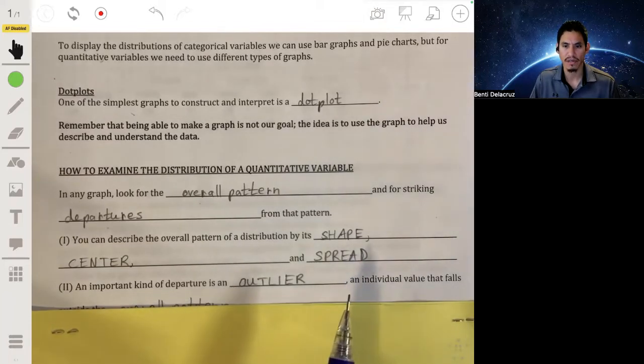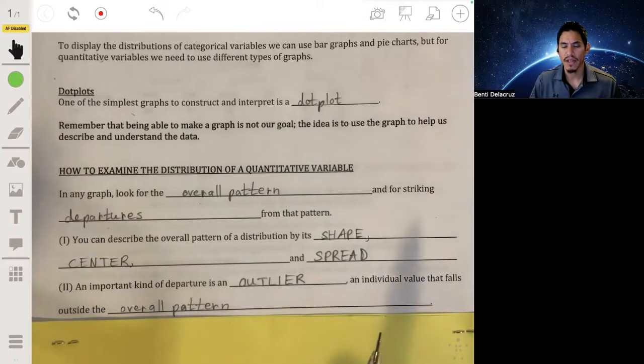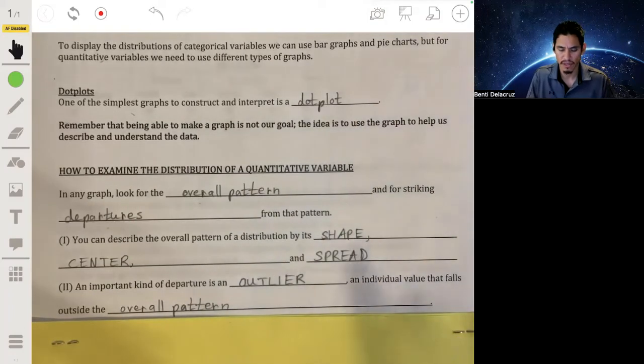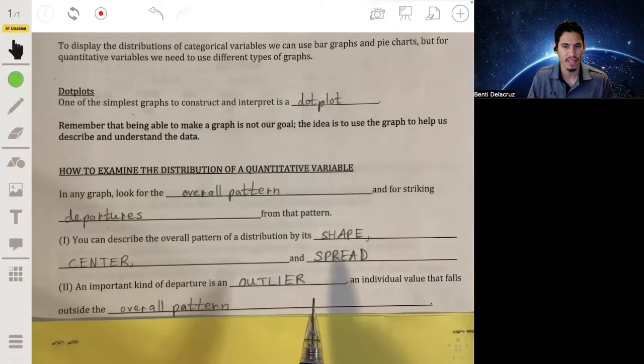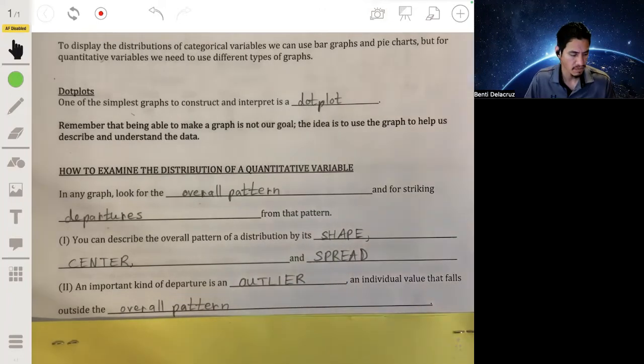So remember, an outlier is something that doesn't go with our overall pattern. It could be actually very, very far below or far above the values in a set of data. When you think of the word outlier, think of the word outcast. Kind of helps get an easy way to remember that.